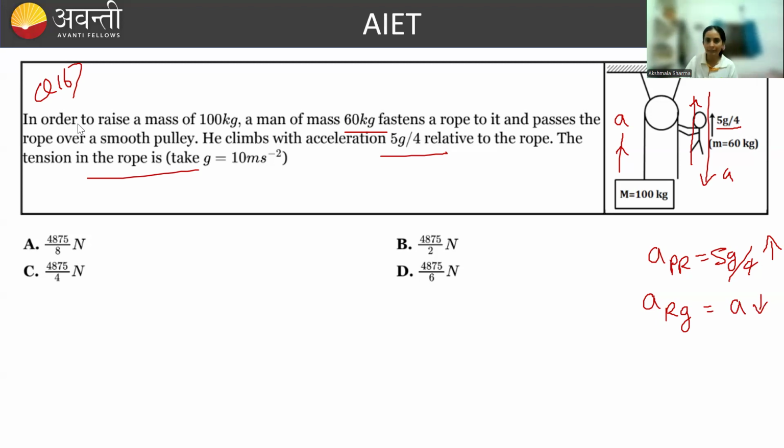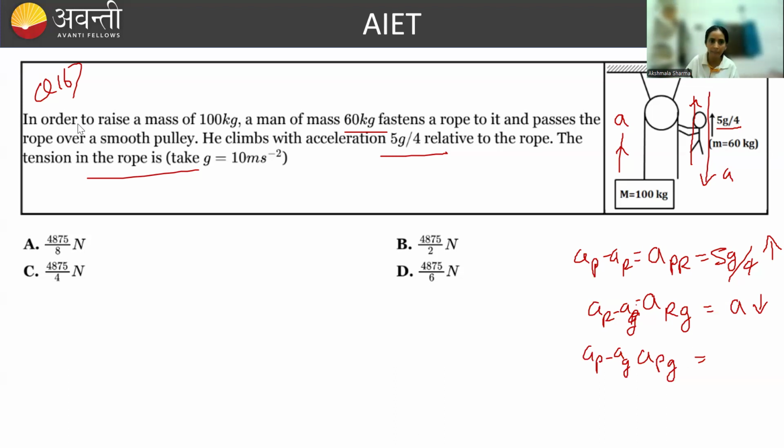So for the acceleration of the person with respect to the ground, what will you do? This is a_PR, the acceleration of the person with respect to the rope, and this is a_RG, the acceleration of the rope with respect to the ground. So we have to calculate a_PG, and for that we need to add these two. One is in the up direction, another is in the down direction.